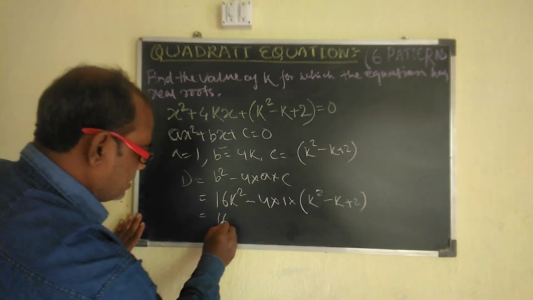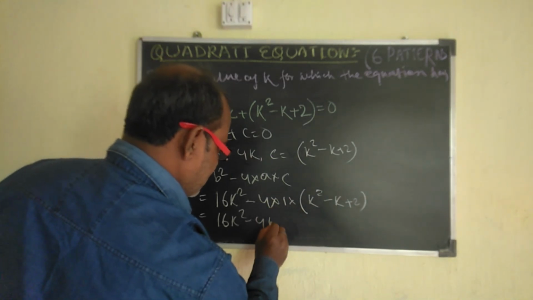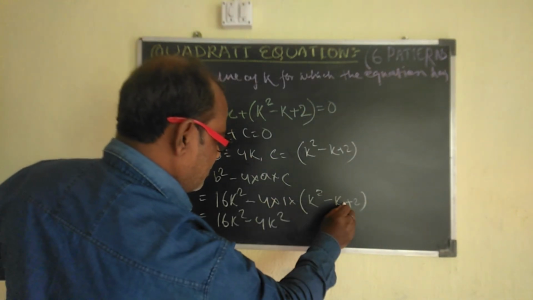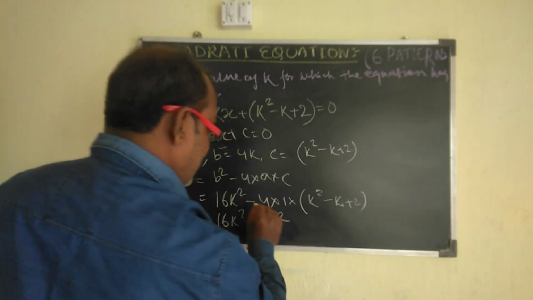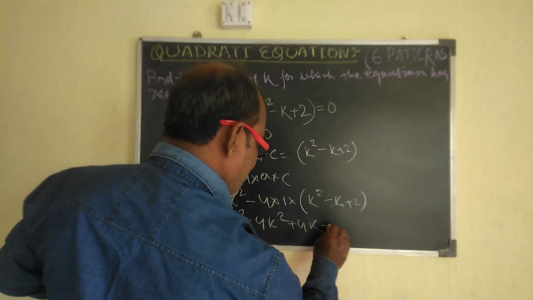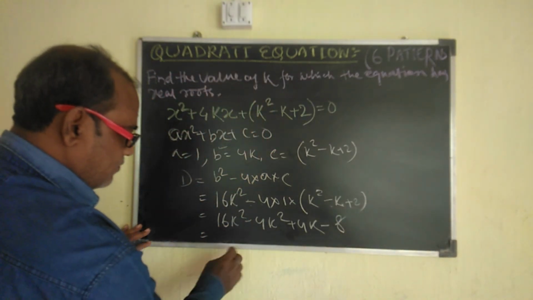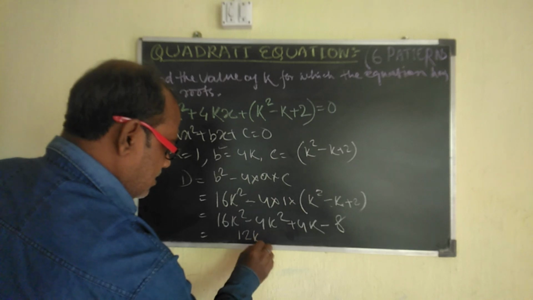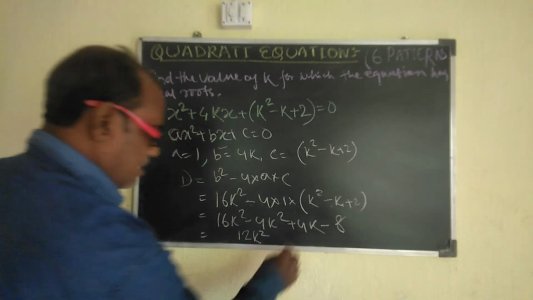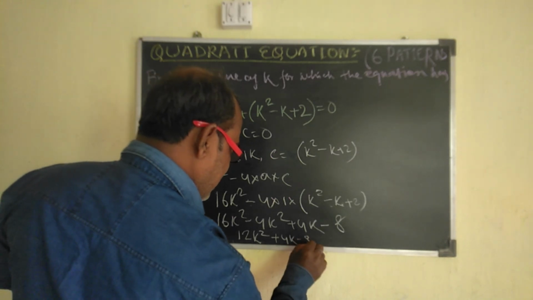That equals 16k square minus 4k square plus 4k minus 8. 16k square minus 4k square is 12k square plus 4k minus 8.